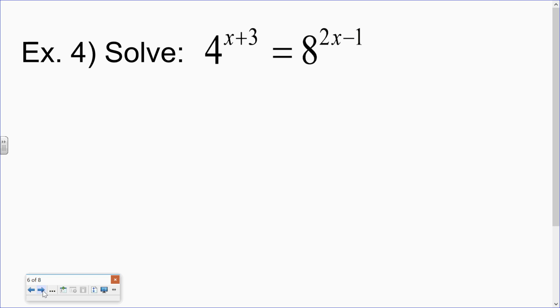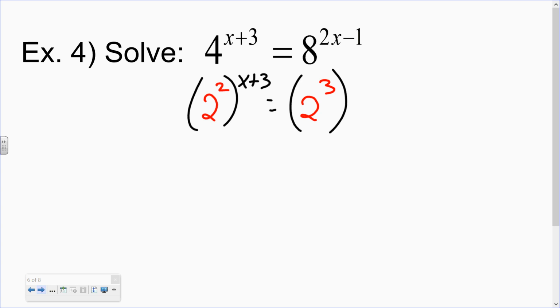And noticing that 4 is 2 squared and 8 is 2 cubed, we can then say 4 to the x plus 3 equals 8 to the 2x minus 1. Before we take logs on both sides, let's simplify those.